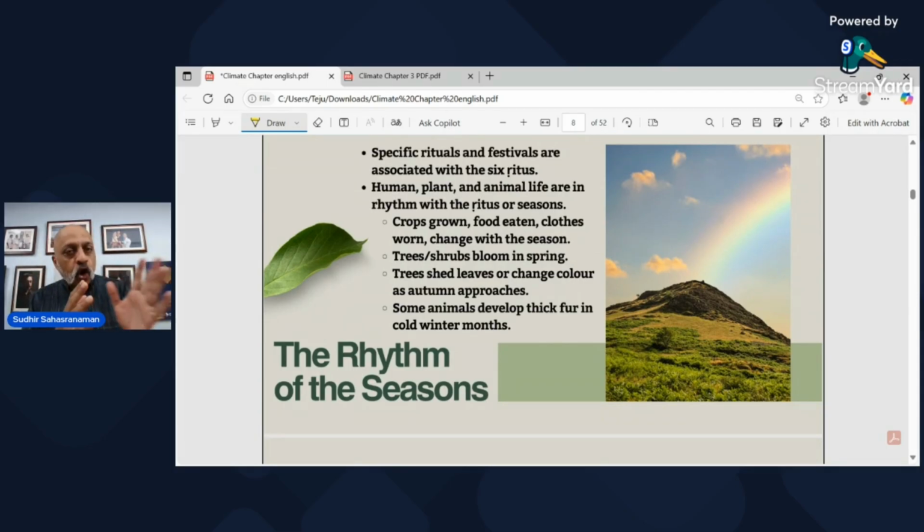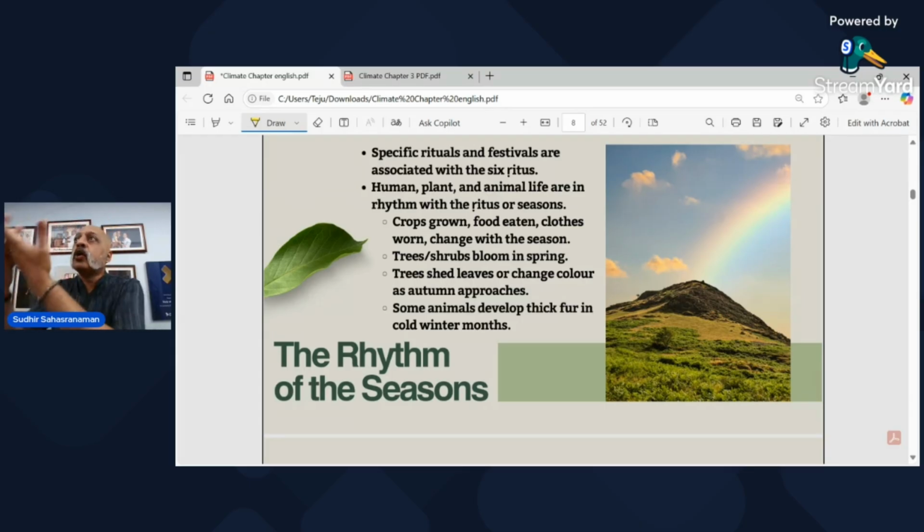Now, we call it the rhythm of the seasons because there are specific festivals, specific rituals, specific practices which are associated. Like Holi is played at the end of spring, Basant Panchami again during spring season, right? So every season, like you have in Telangana, you have the Bonalu, which is observed during the monsoon season.